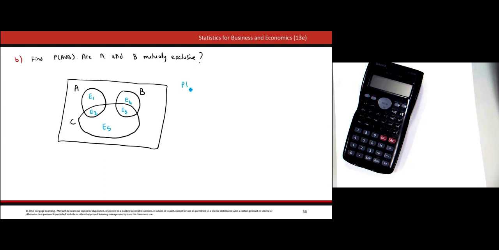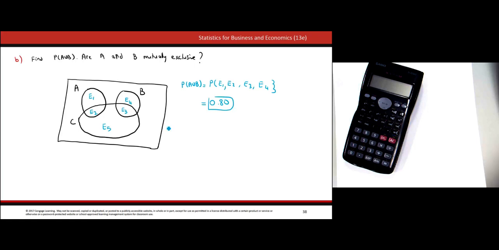How about probability of A union B? Which sample points do we have in A union B? E1, E2, E3, E4. They are mutually exclusive, they don't have any common sample points, so their probability will be 0.8.